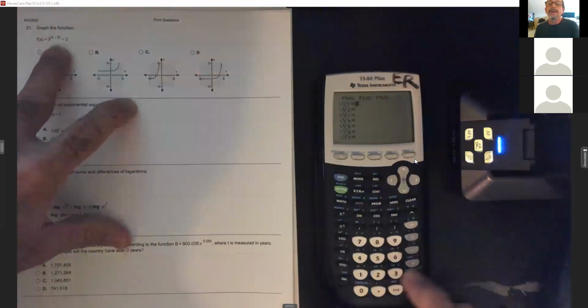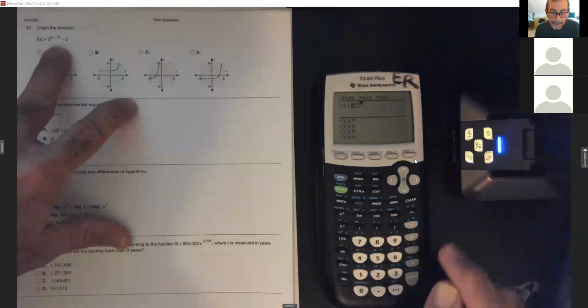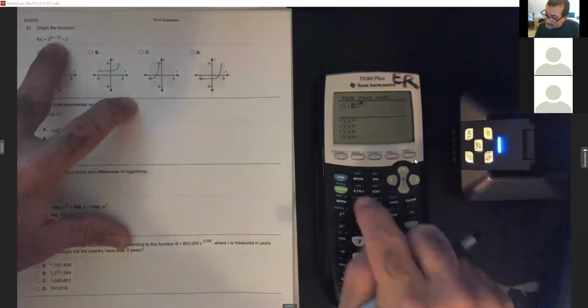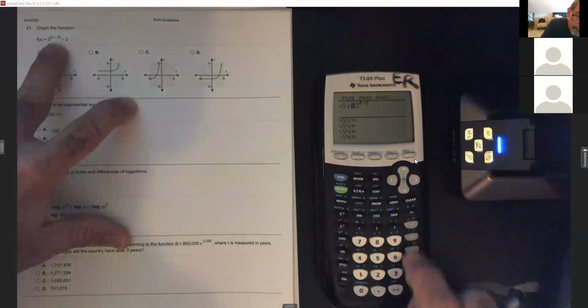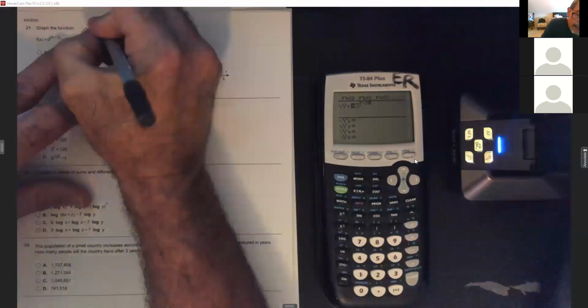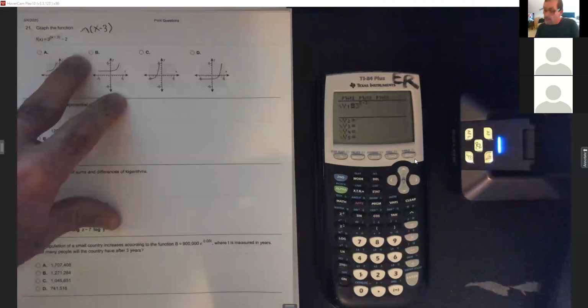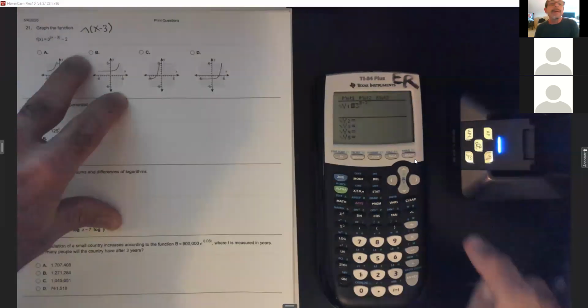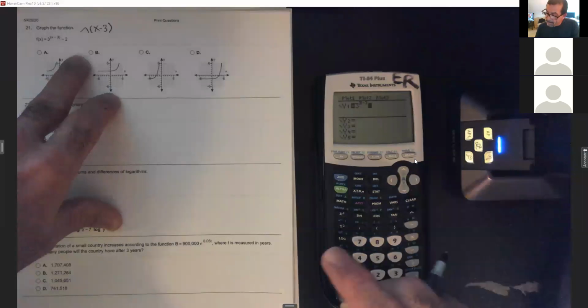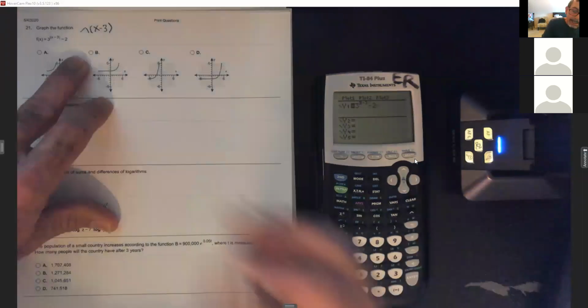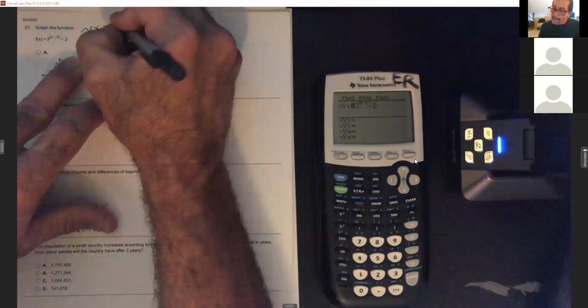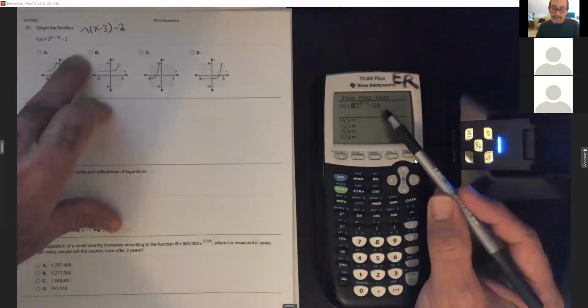Use the exponent arrow up key. And then put in x minus 3. Older calculators, when you do that, it's going to give you parentheses. Put in your x minus 3, close those parentheses. New calculators, you got to arrow down from the exponent and then put minus 2. So the old calculators will look like that. In the new ones, you just arrow down and put it in.